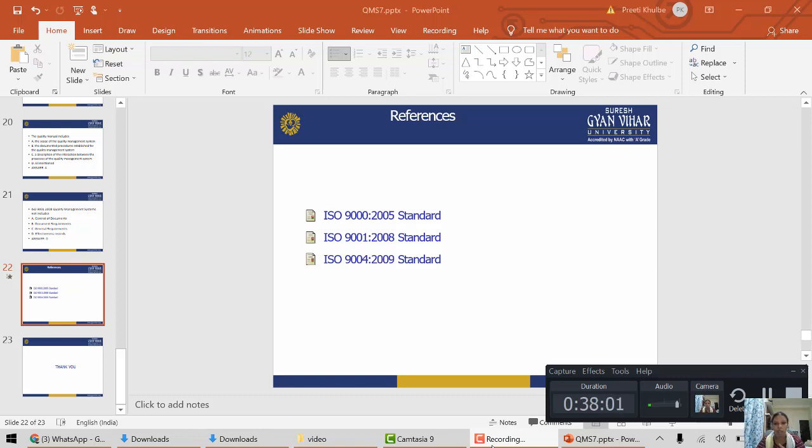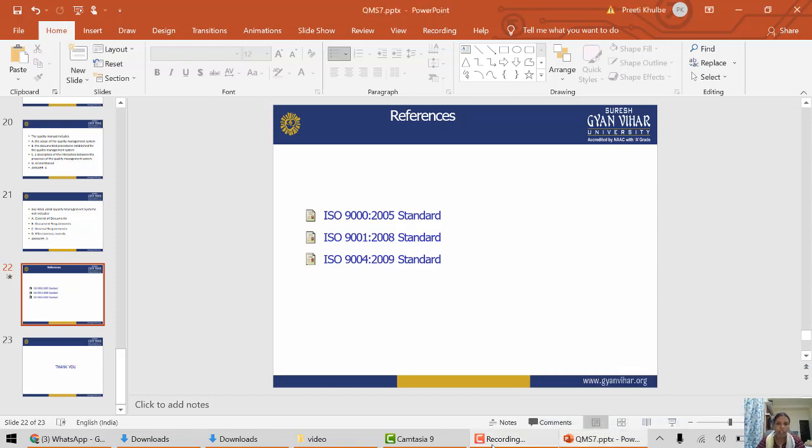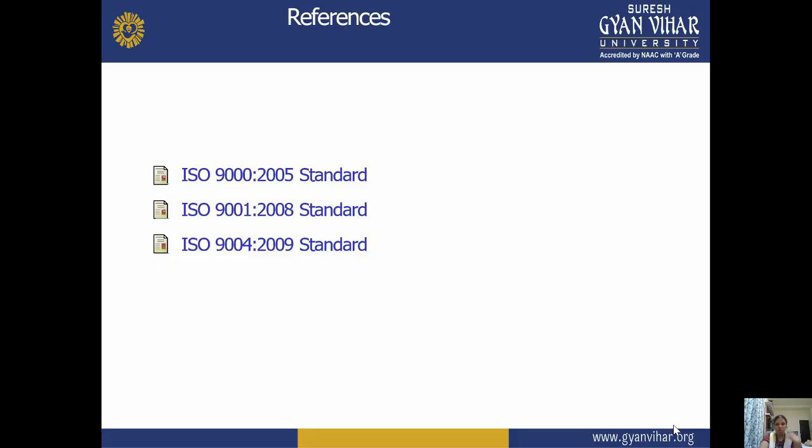Similarly, for ISO 9001:2008, you will be able to know about all these things. Similarly, if you type ISO 9004, you can get this type of information.